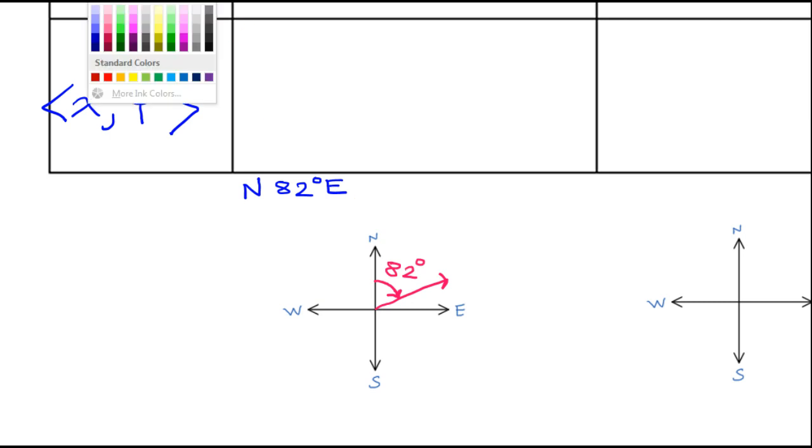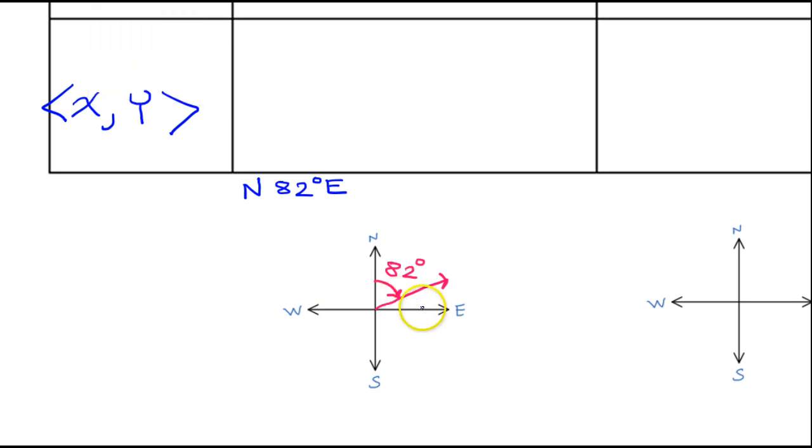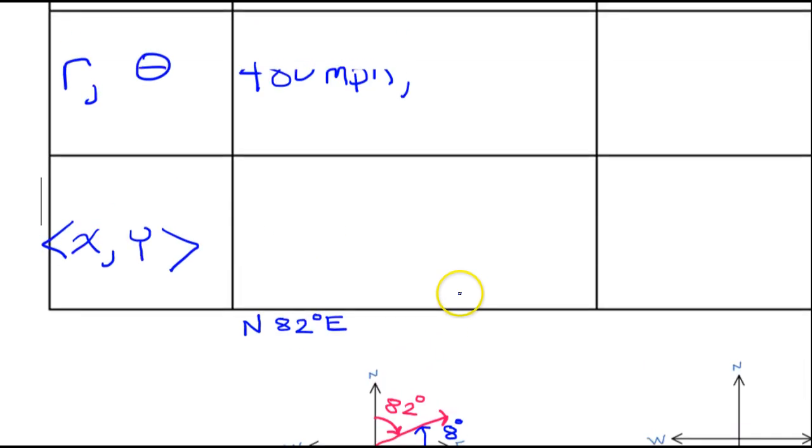Now what we need is the same direction, but we want to measure it from the positive x-axis. So these are complementary, so if this is 82 degrees, in order to add up to 90, this must be 8 degrees. And this is the angle that we actually need, the 8 degrees.